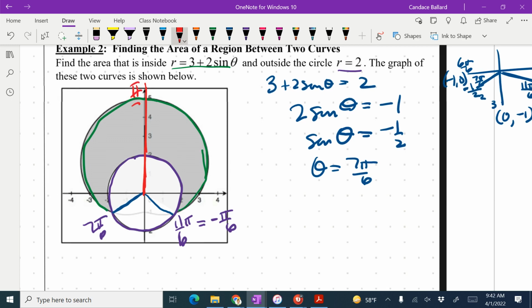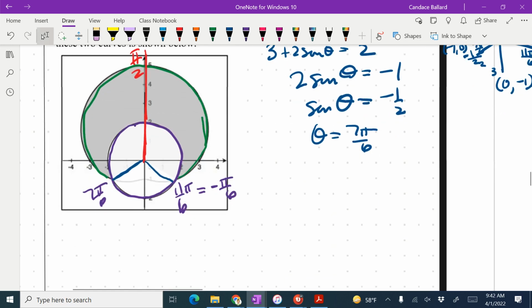Yeah, so I'm going to choose to go pi over 2, and I'm just going to find this half of it here, which means I'm doubling. So 2 times, what's the formula start with? 1/2 the integral from negative pi over 6 to pi over 2.